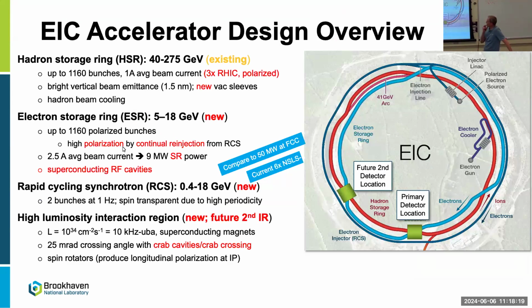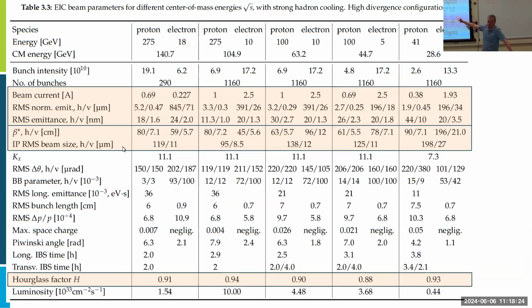Okay. So what's my goal for today? If you open the conceptual design report for the Electron Ion Collider, you'll notice the very first, well, actually it's table 3.3, but for me it's table number 1, that has all these parameters: species, energy, center of mass energy, bunch intensity, number of bunches, beam current, RMS normalized emittance, RMS emittance, beta star, RMS beam size, and so on.